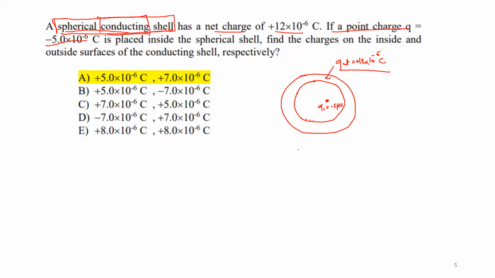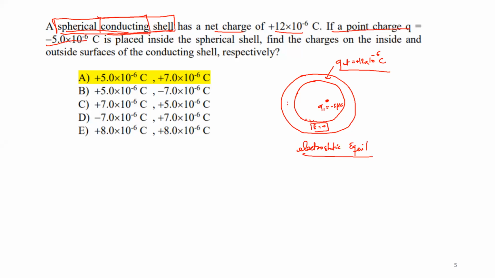So here, of course, I have electrostatic equilibrium, which is the case everywhere in this chapter. I have electrostatic equilibrium here, okay? So if I have electrostatic equilibrium, that means the electric field here inside is 0, of course.